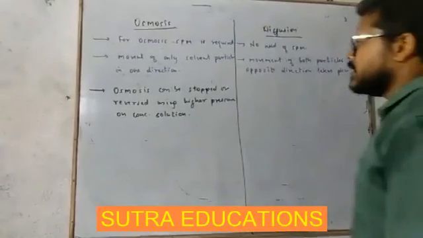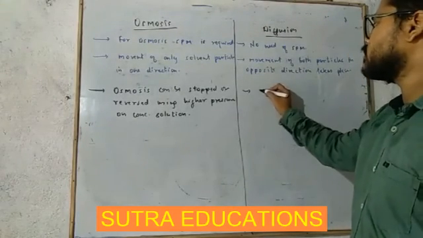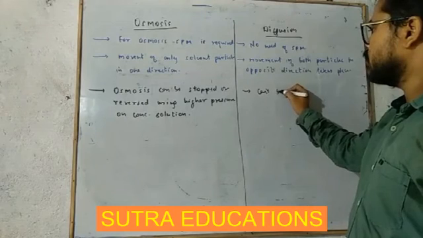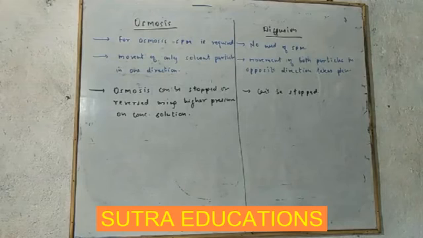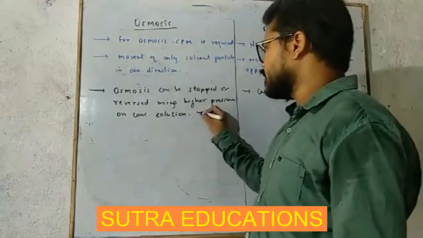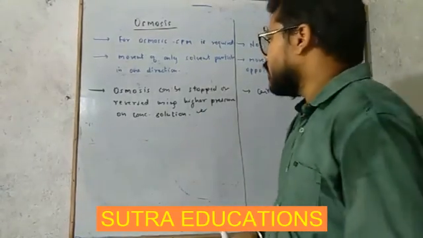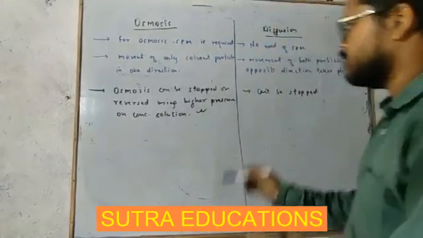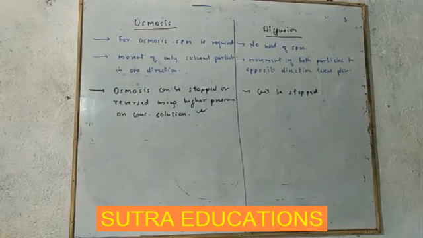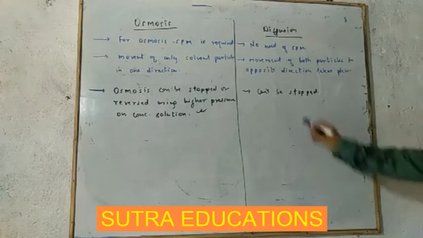But diffusion can't be stopped or reversed. Getting this or not? Osmosis can be stopped as well as reversed. We will discuss in our next video how osmosis can be stopped or reversed. For this moment, just suppose that osmosis can be stopped or reversed, whereas diffusion can't be stopped.